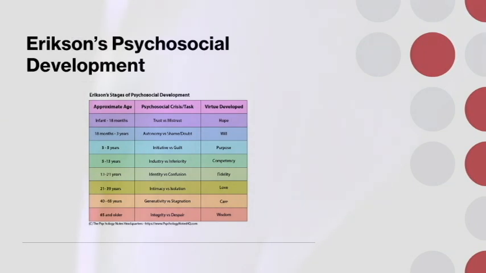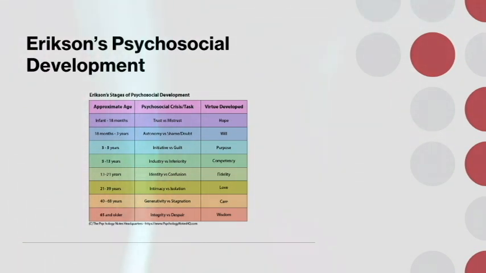Erikson's psychosocial development: it's 8 stages of human development, each characterized by unique psychosocial crises or challenges. Unlike Freud's focus on psychosexual stages, Erikson's theory emphasizes crises in development that need to be resolved through the social context.